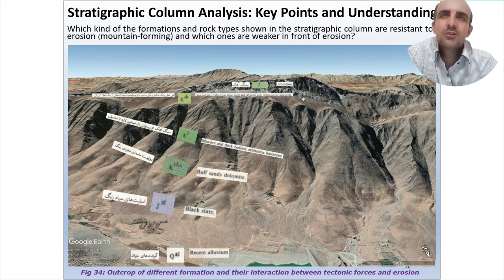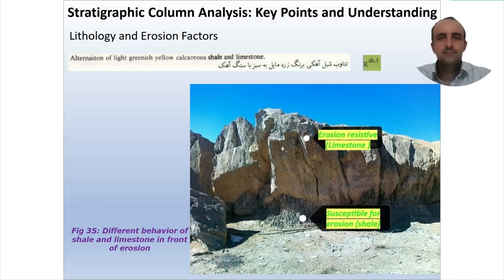And based on their composition, they behave differently in front of erosion. For example, limestone is very hard and is very mountain building, but shale is so susceptible to erosion. And we will talk about it in the next slide with another example.